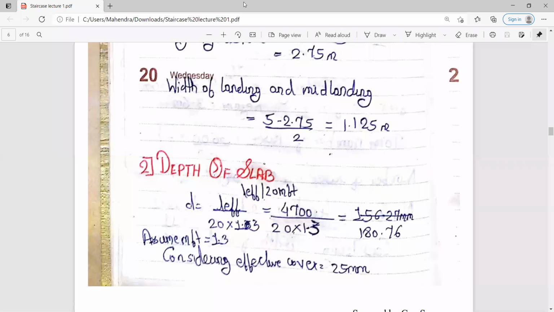And the last one, for cantilever slab, D will be equal to L effective by 10 MFT.